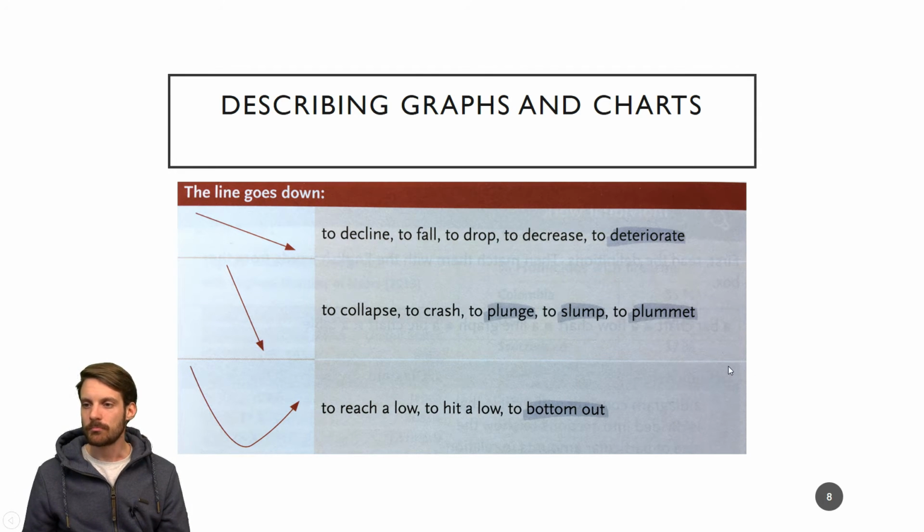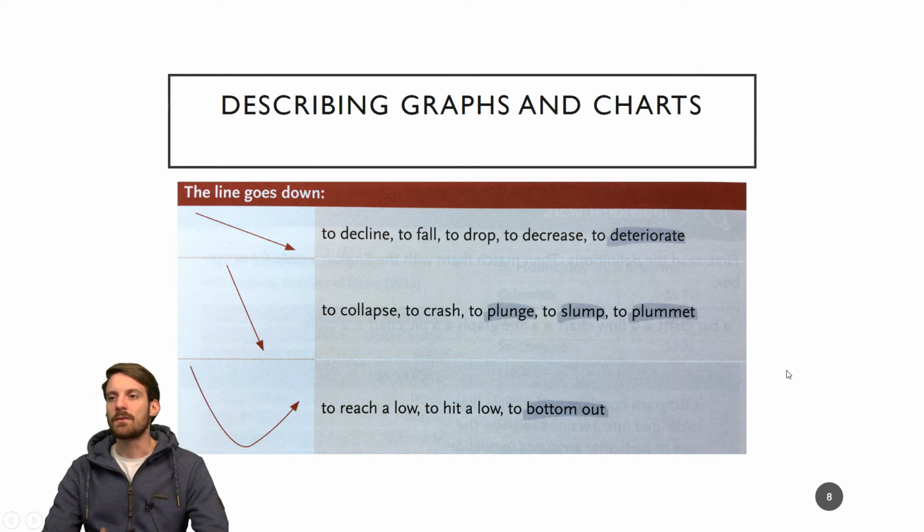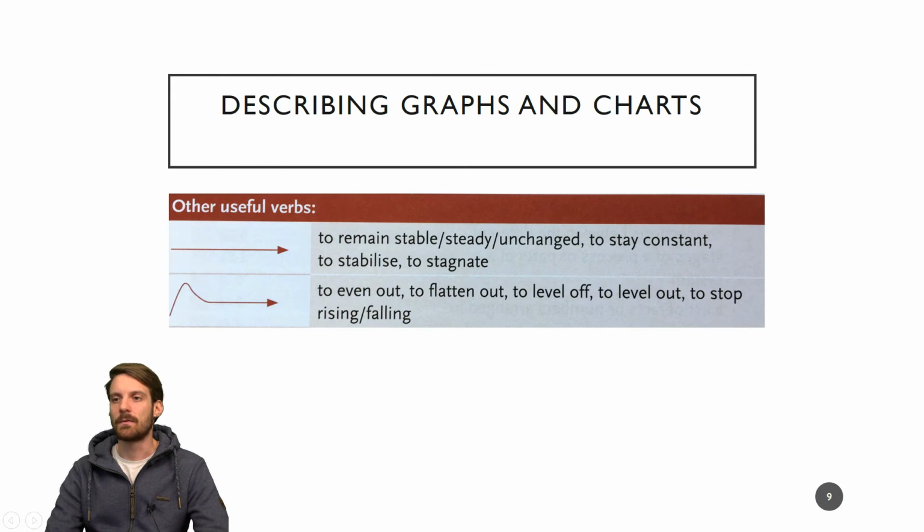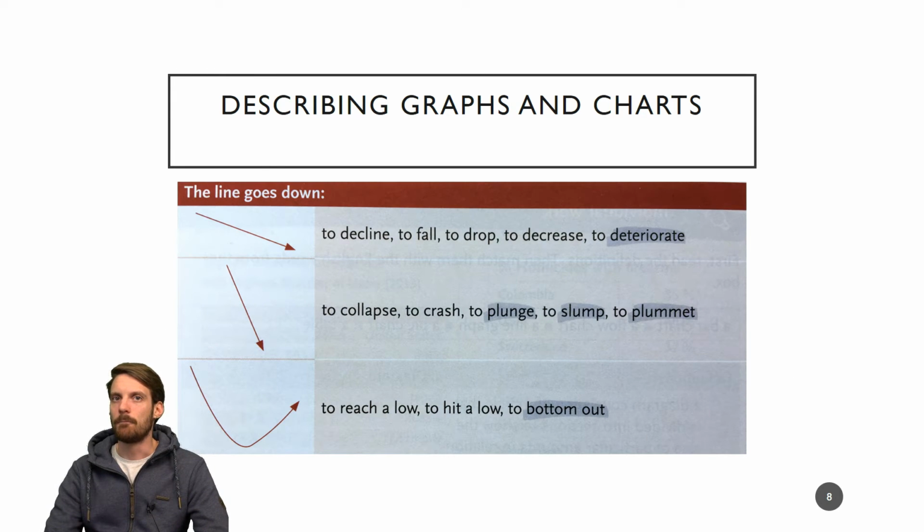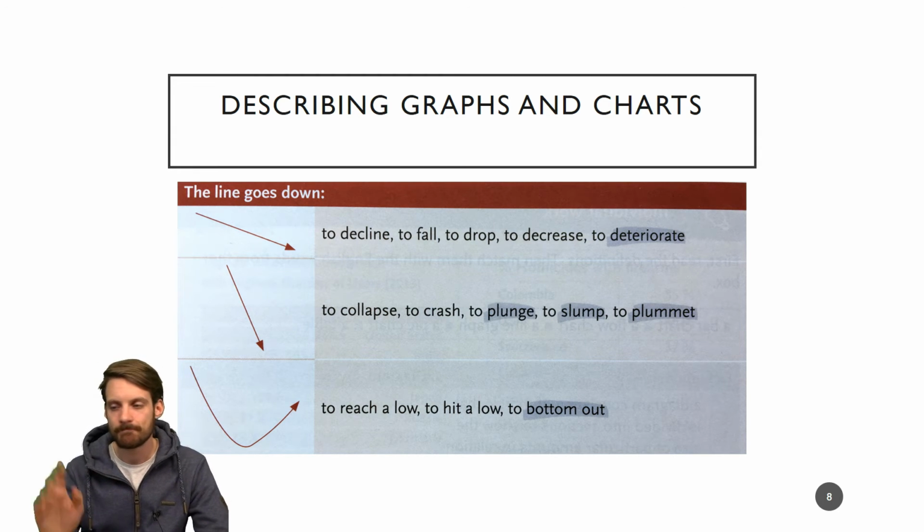And something can also reach a low, hit the low or bottom out. So those are basically the phrases for increasing and decreasing things, or sales, or doesn't matter what.